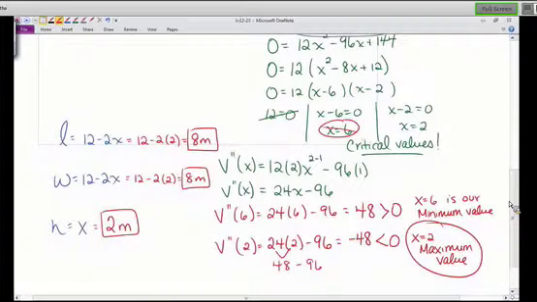So when you're using the second derivative test to determine the max and the min, you have to determine when your second derivative is positive. When the second derivative is positive, that means you're concave up, which means that at that value you're going to have a minimum. And when you substitute in and you see that the second derivative is a negative number, this means that it is concave down. Therefore, that will give you your maximum value.